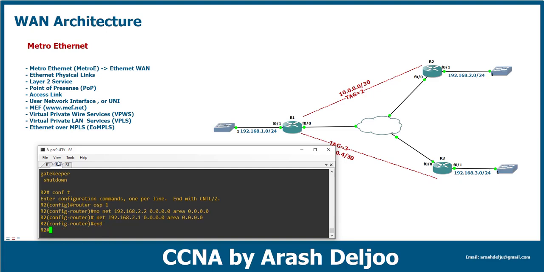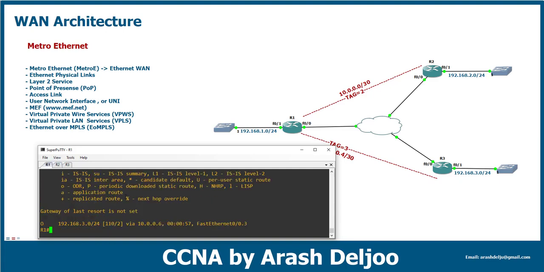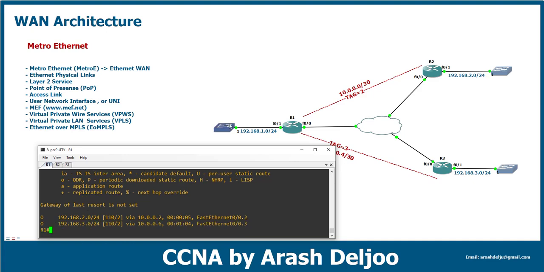And now in router 1 we can check the routing table again. After some seconds we will receive 192.168.2.0/24. As you can see, now we are receiving 192.168.2.0 on one interface, FastEthernet 0/2, and 192.168.3.0/24 on another interface.